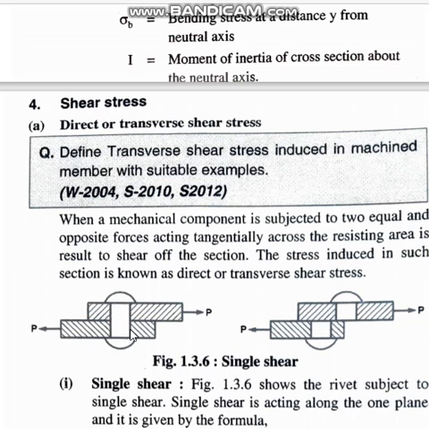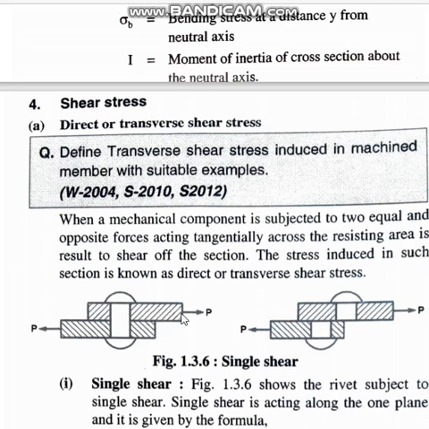Now in this figure, if force is applied as shown here, that means this plate is being pulled to the right and this plate is being pulled to the left. Then what will happen?